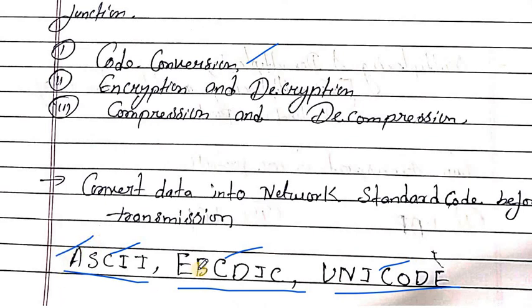ASCII is the most popular and we are using it nowadays. These are already implemented in our systems. Different conversion methods are available, and ASCII is the most popular. So, code conversion, then encryption and decryption.